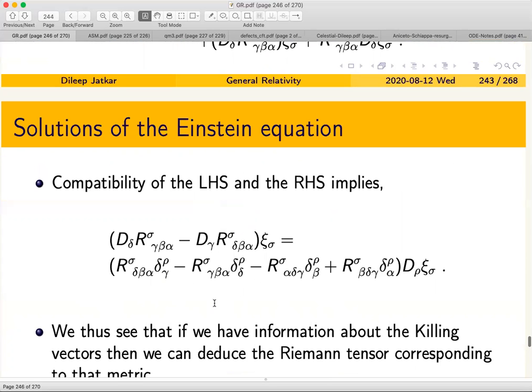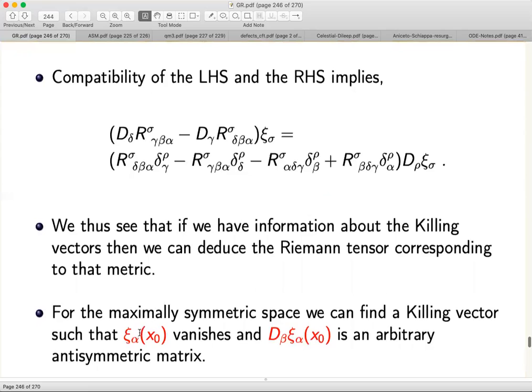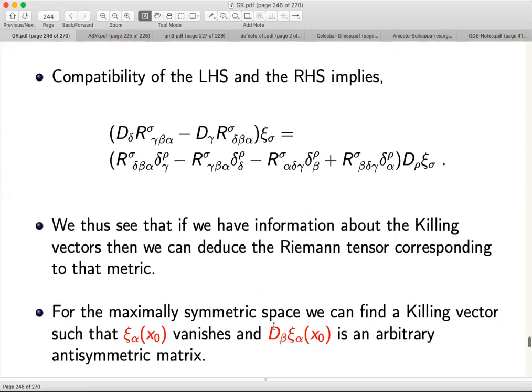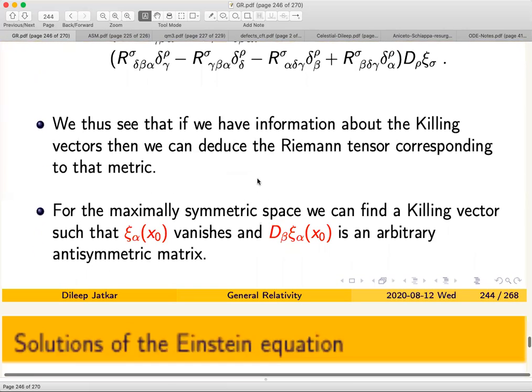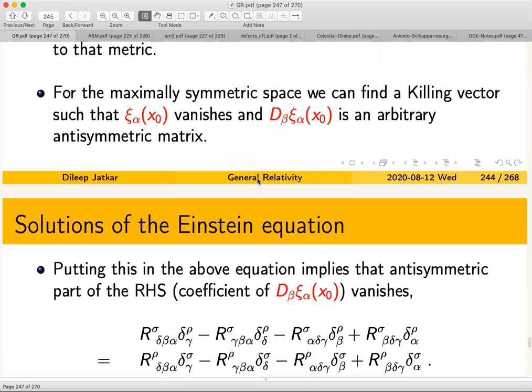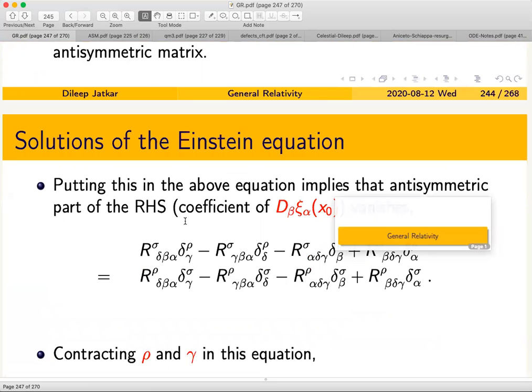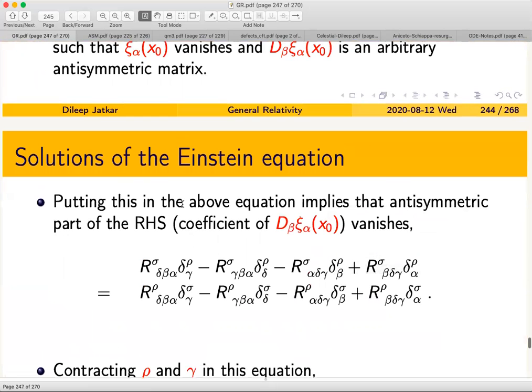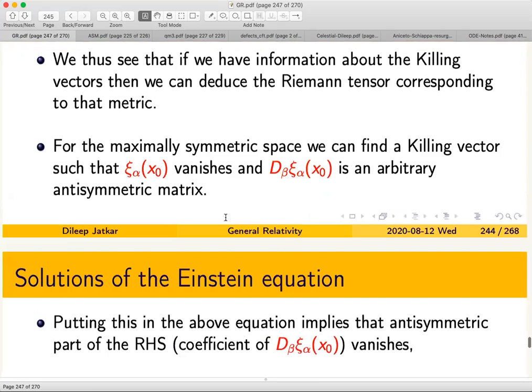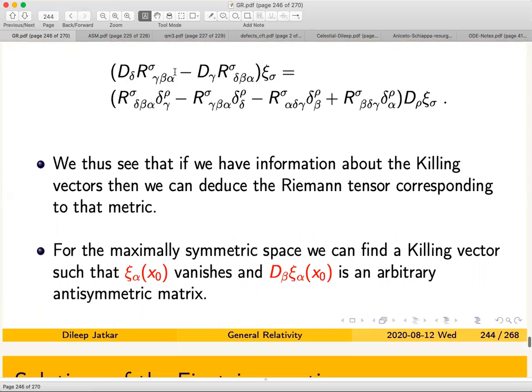Because we have chosen a Killing vector which vanishes at a particular point, but its covariant derivative is arbitrary. Given that its covariant derivative is arbitrary, this quantity cannot vanish, and therefore the quantity inside the parenthesis should be 0. Fine. So because of the antisymmetry between gamma and delta, you actually need to antisymmetrize this quantity, and that is the quantity which should vanish.